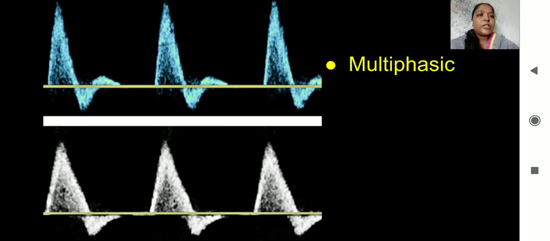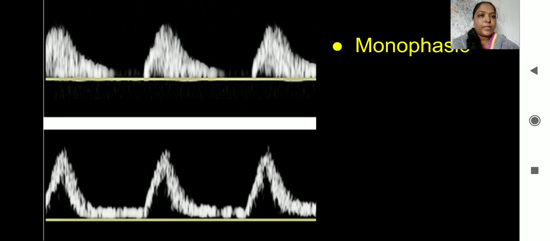Phasicity. These two waveforms were previously described as triphasic, the above one, and biphasic, the below one. Now these two waveforms are described as multiphasic. It has a systolic peak, early diastolic reversal and late diastolic forward flow.